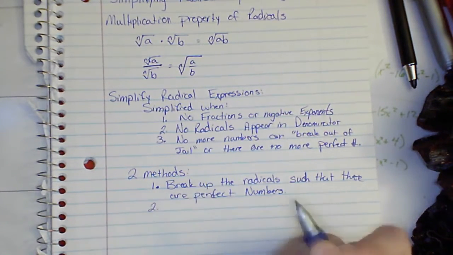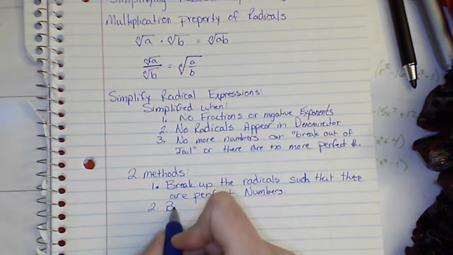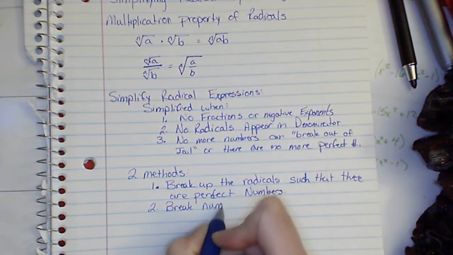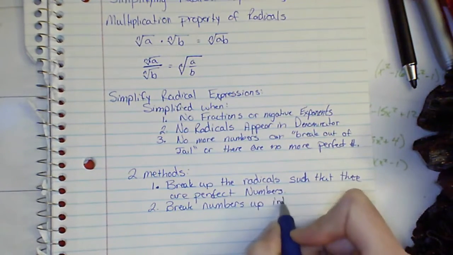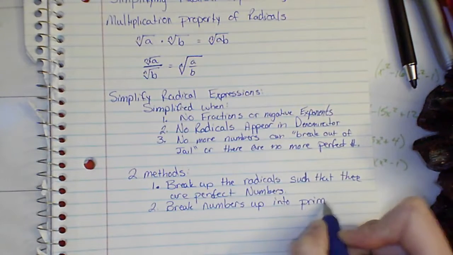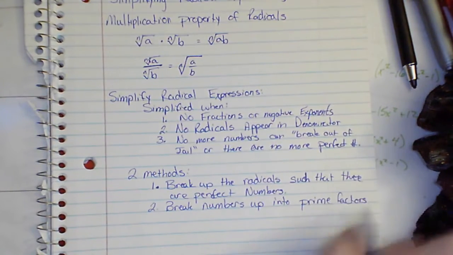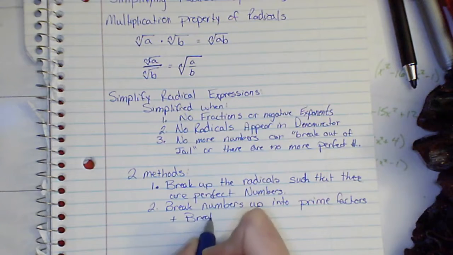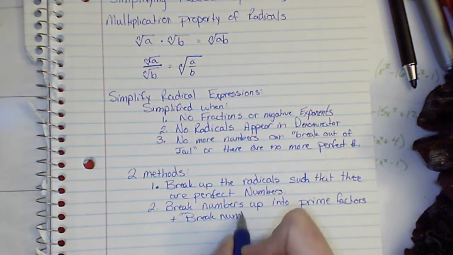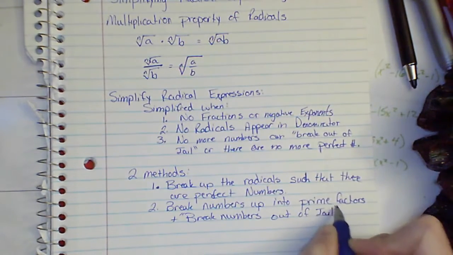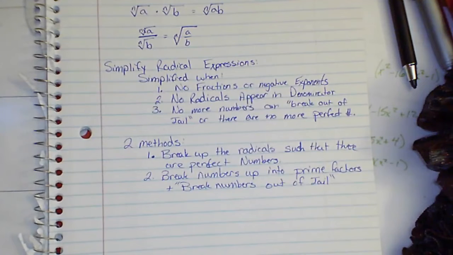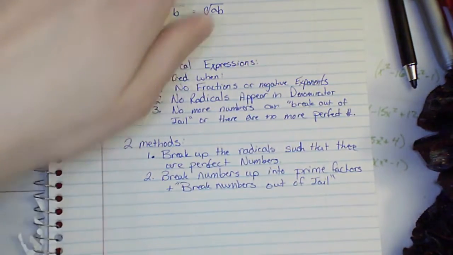Or, my favorite, we factor the numbers into prime factors and break numbers out of jail. I'll show you both methods with the first one, and then continue on with the breaking out of jail method.